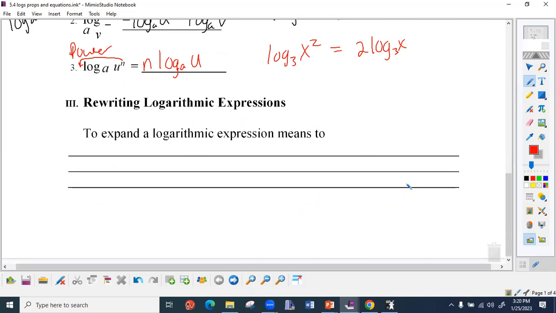So we're going to talk about expanding. What does it mean to expand? When you're expanding, it means to use log properties.